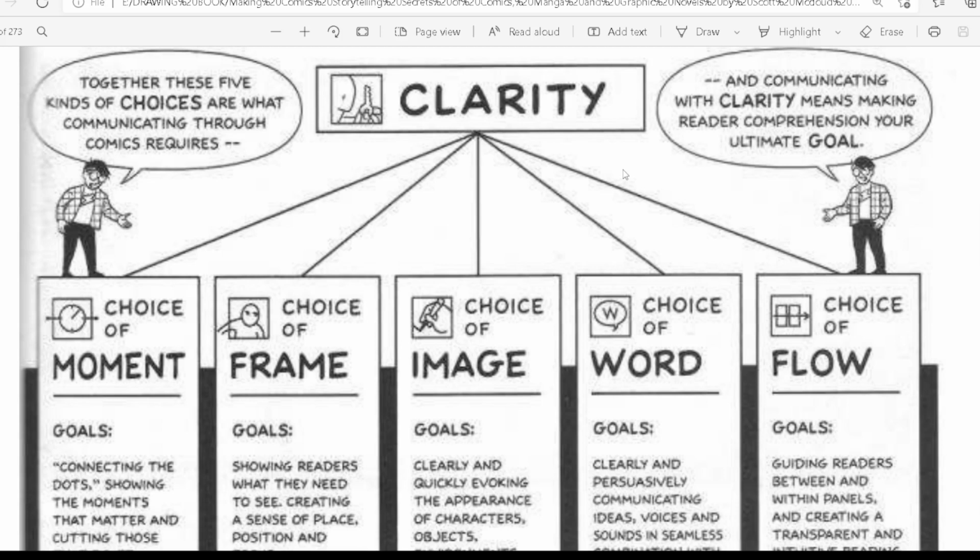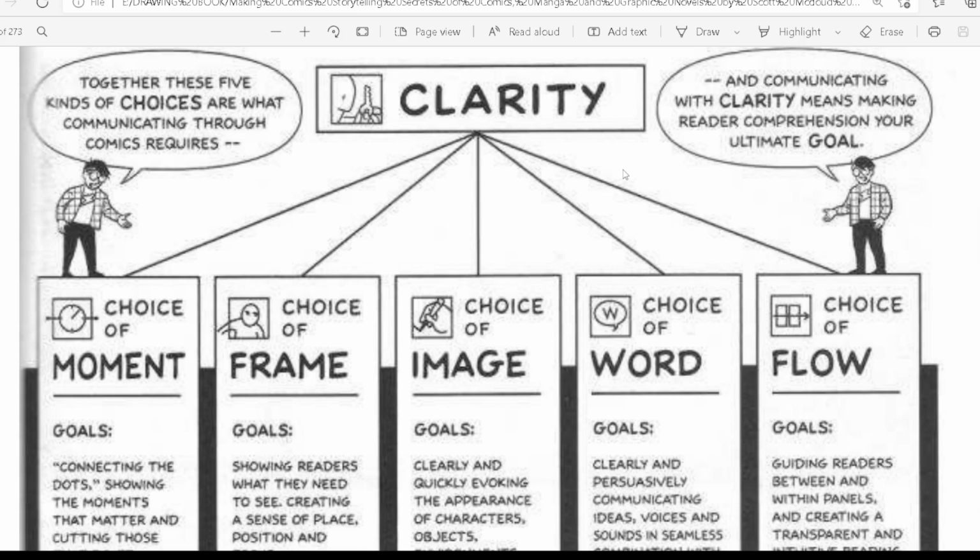Like, if you have a good choice of moment, a good choice of frame, choice of image, choice of word, and choice of flow, these are the steps that will give you a great idea about how to make a comic strip.